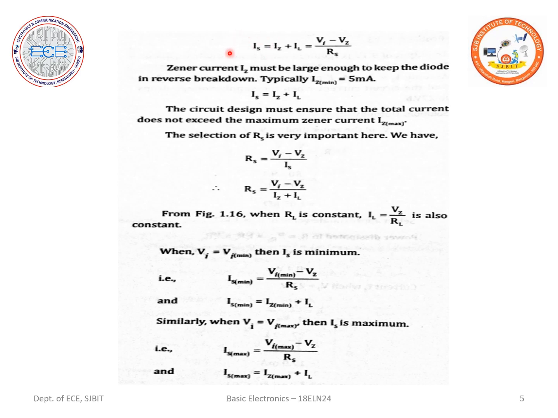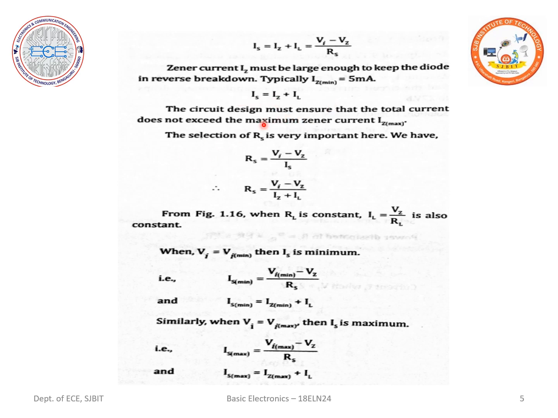So my Is is equal to Iz plus IL, where Iz is my Zener current and IL is my load current. When we express this, I can write Iz as (Vi minus Vz) by Rs. So the total Zener current Iz must be large enough to keep the diode in reverse breakdown.